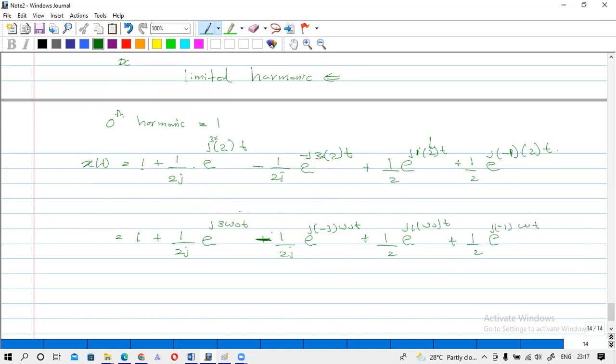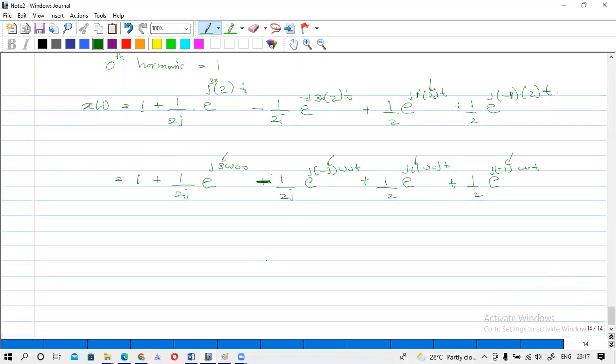These are the k values, in k omega naught t. Here k is 3 and here k is minus 3, so these are the third harmonics. Here k is 1 and here k is minus 1, so these are the first harmonics.